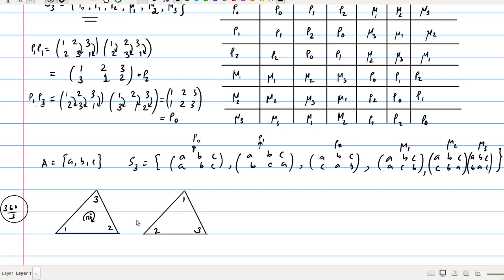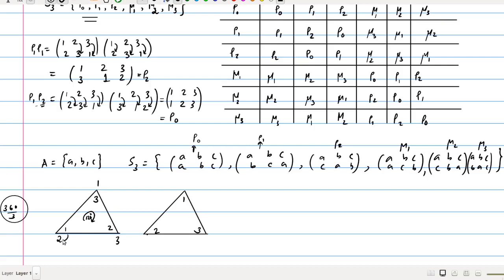So this defines a function. Using this 120 degree rotation, you will get a map. When you rotate this, you get an identical triangle, and we place it over this triangle again. Then 1 is mapped to 2, and 3 is mapped to 1, and you can see this 3 here.